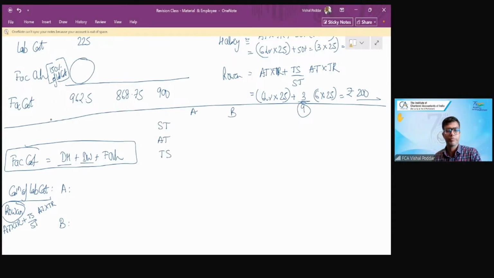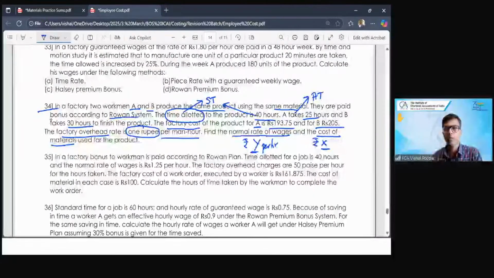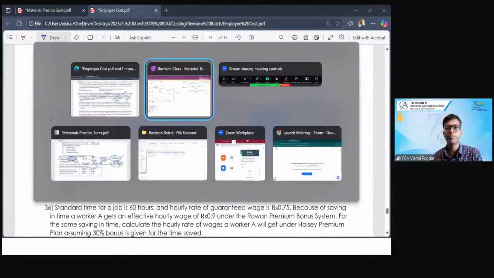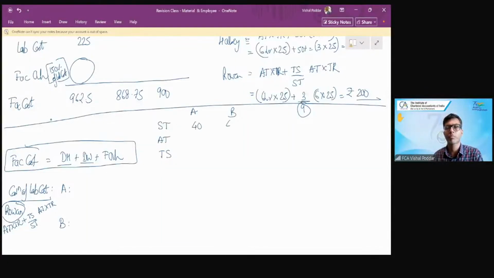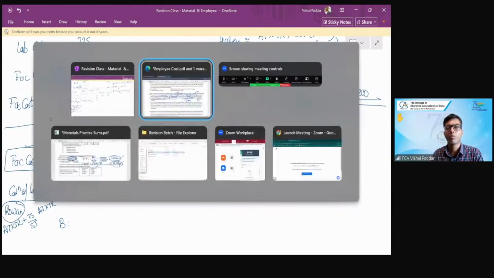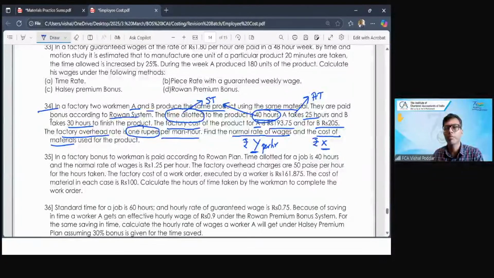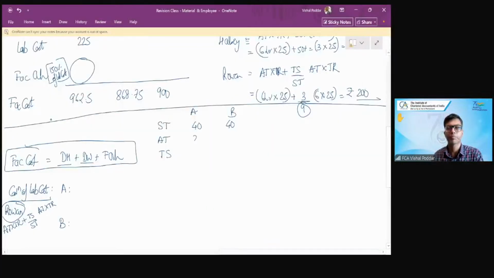The standard given in the question was 40. The actual for A was 25 and for B was 30.